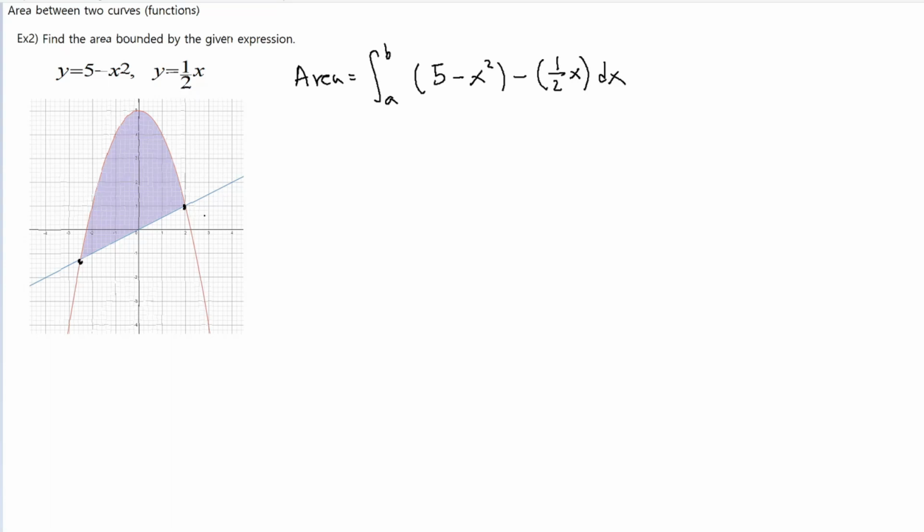We use a system of equations to solve for where the points intersect.